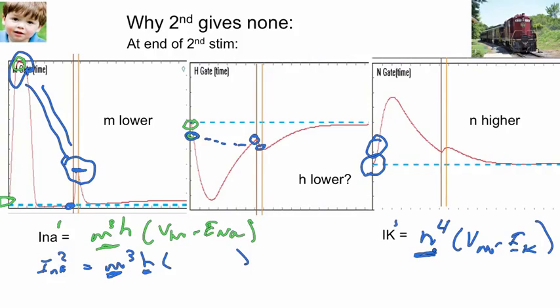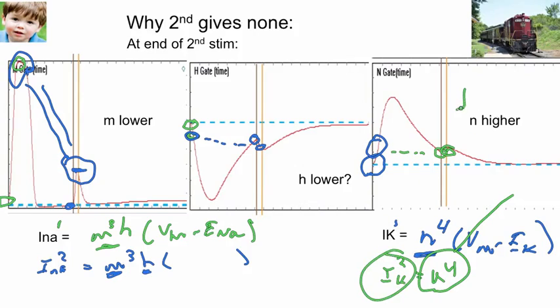For the second stimulus, now we start off higher. We end up probably about the same place. So IK, gK2 to the fourth. And now IK is probably bigger.